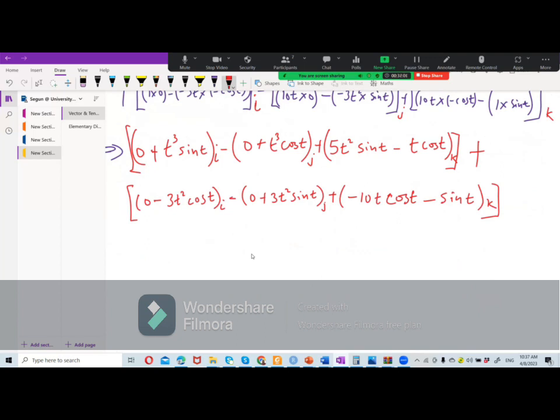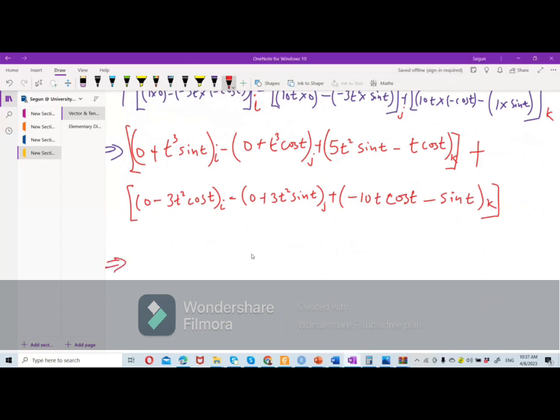So the first one, if I want to write it out now, I have t cubed sine t i. The second one will be minus t cubed cos t j. Then the last one will be plus 5t squared sine t minus t cos t k.